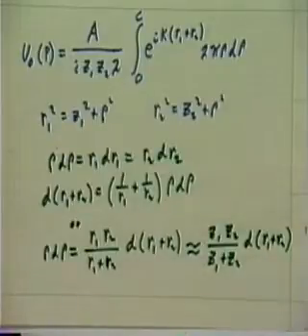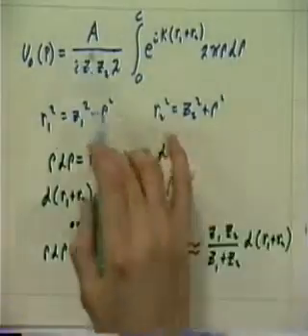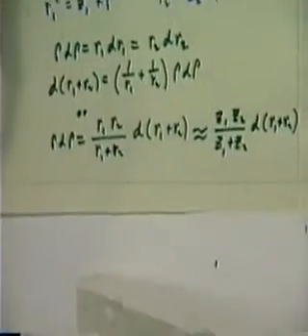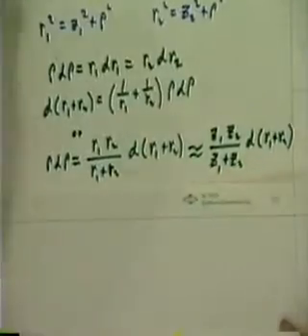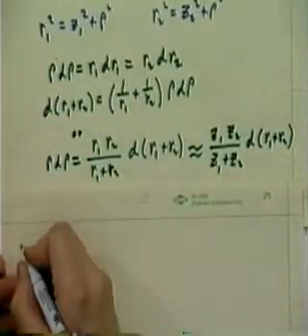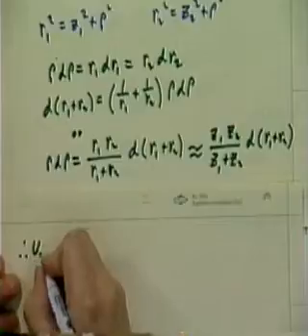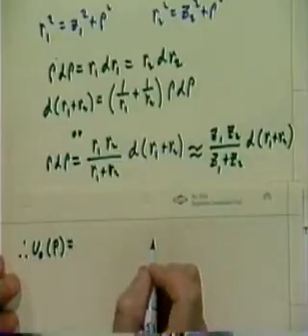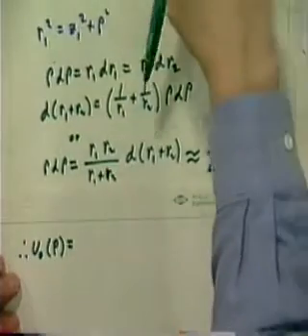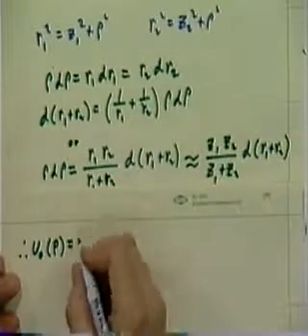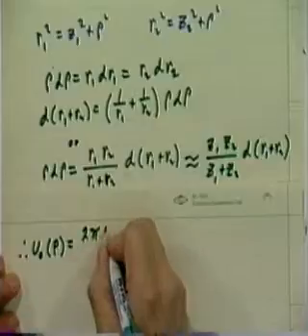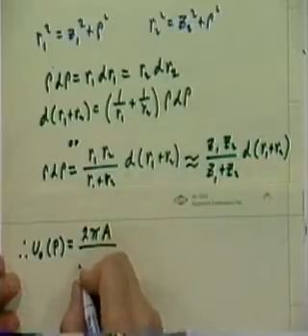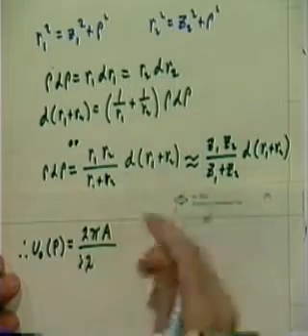So now we'll take this and plug it in up here. And so what we have is, therefore, U naught of P is equal to, well, to factor out the 2 pi, so 2 pi A over i lambda.